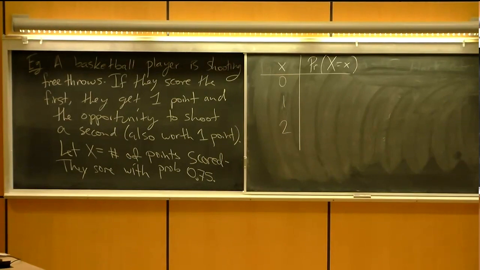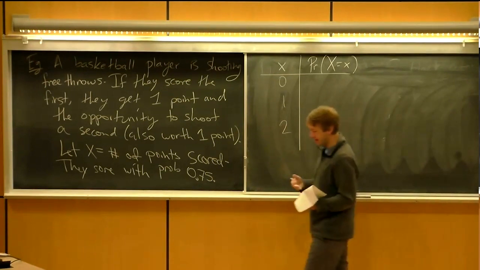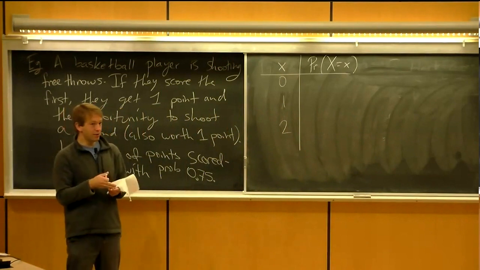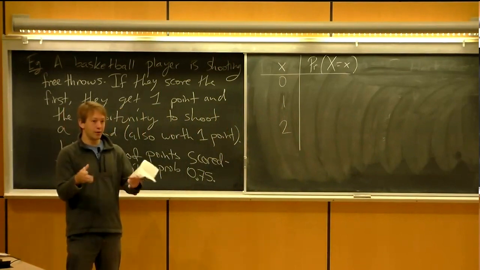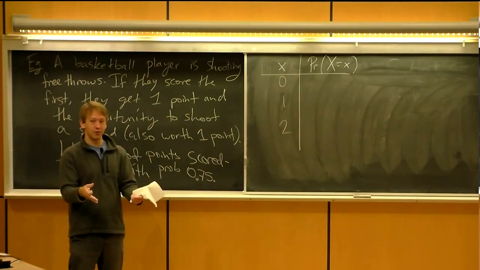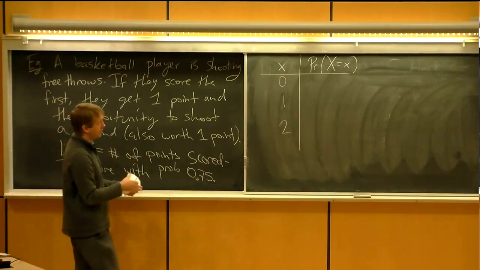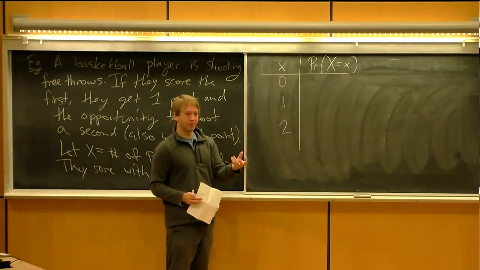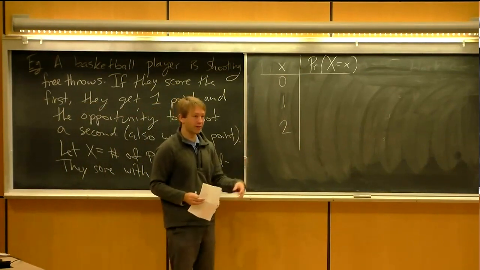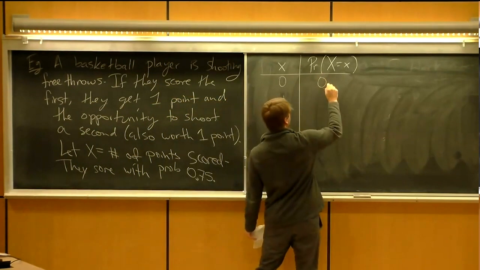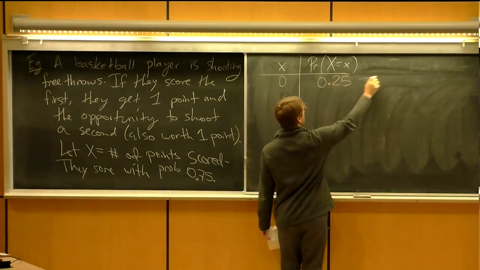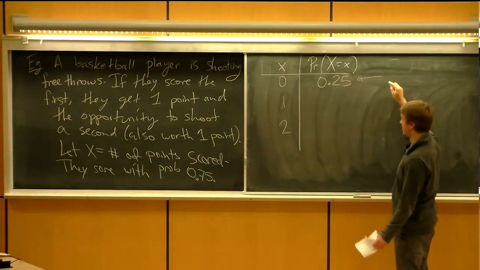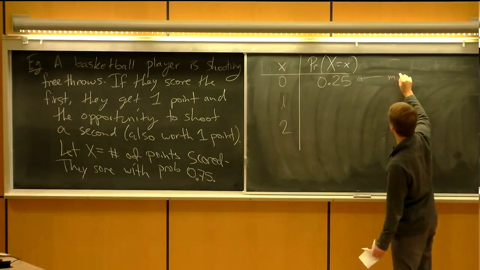Scoring 0 points doesn't mean that they missed 2 shots, right? Because if they miss the first one only, they don't get to take a second shot. So actually the probability that x equals 0 is just equal to the probability they missed the first time. They don't get another shot. So the event that x equals 0 is the same as the event they missed the first shot.